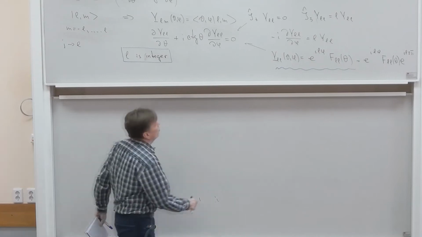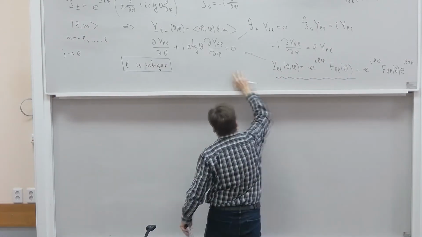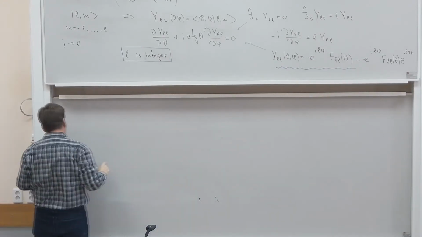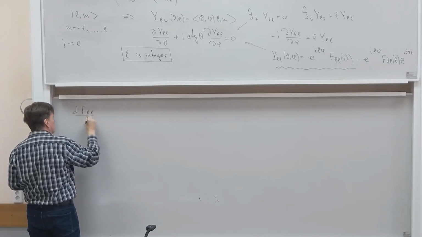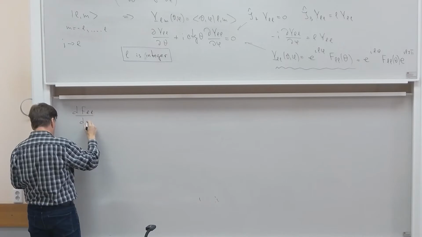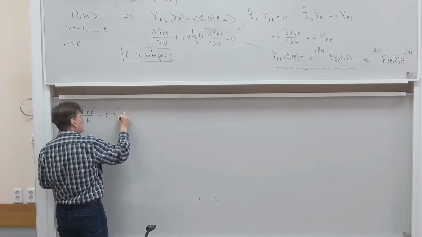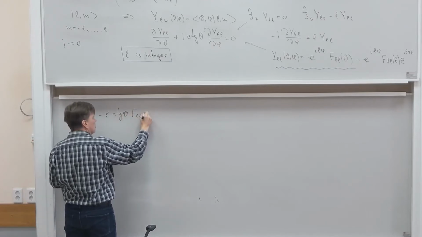So upon substituting this function Y in this form into this equation, I get the following differential equation for f_L: d f_L by d theta minus L cotangent theta f_L is equal to 0.